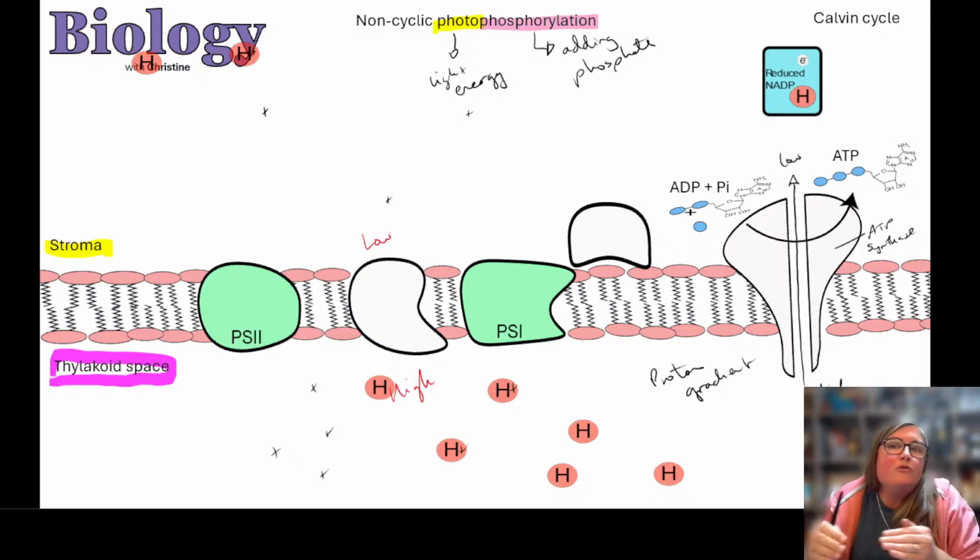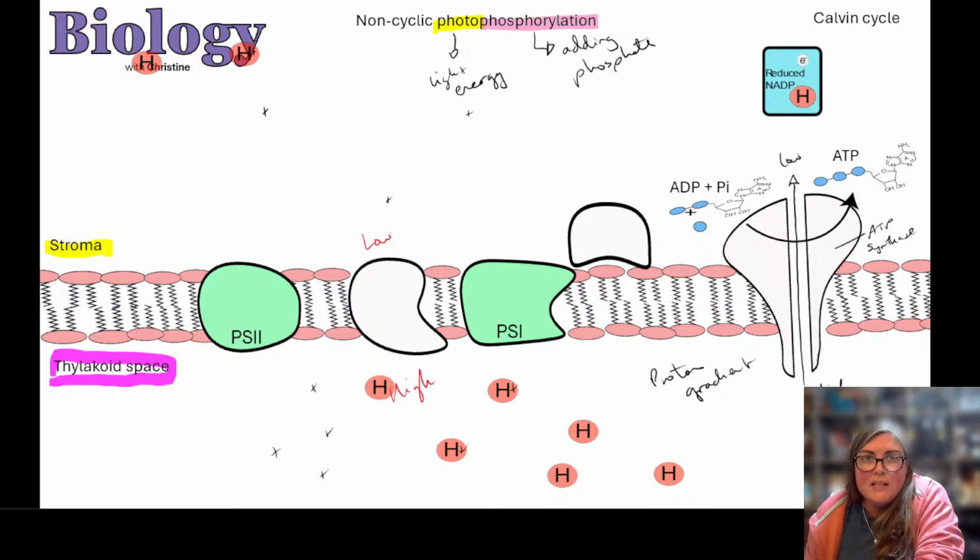We had the electron transport chain. We had a proton gradient. As the protons made their way through, that flow of protons through the ATP synthase provided the energy for adenosine diphosphate and inorganic phosphate to come together to produce ATP.